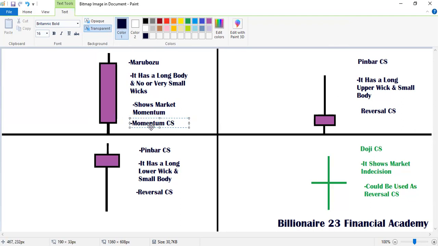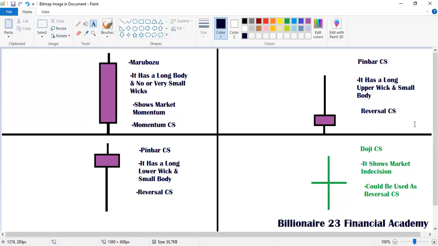So I just picked these four because most of the candlesticks you're going to see on a live chart are just different variations of all of these. The key ones to focus on are pin bar 1, pin bar 2, and the Mariposa. The doji is not so much, but it's good to have in your locker just to use as additional information.